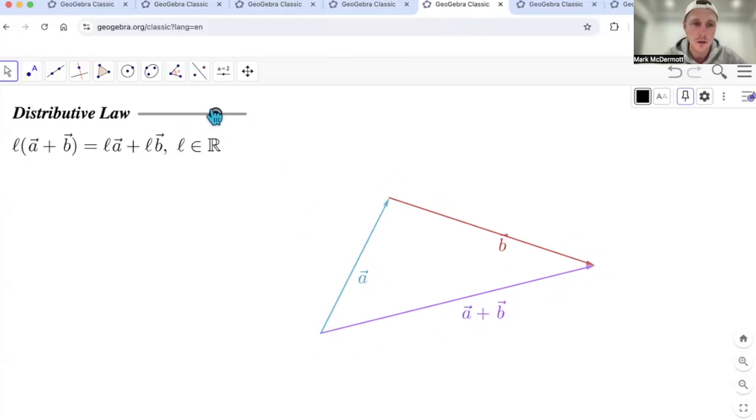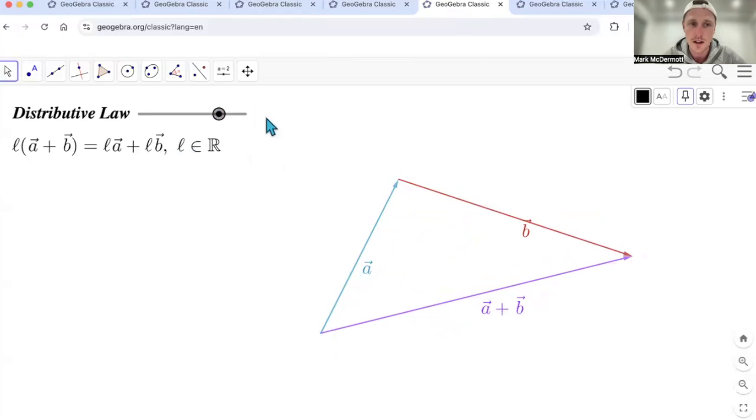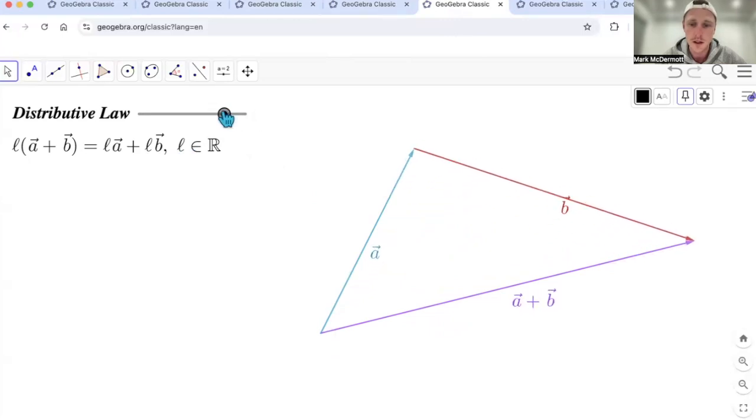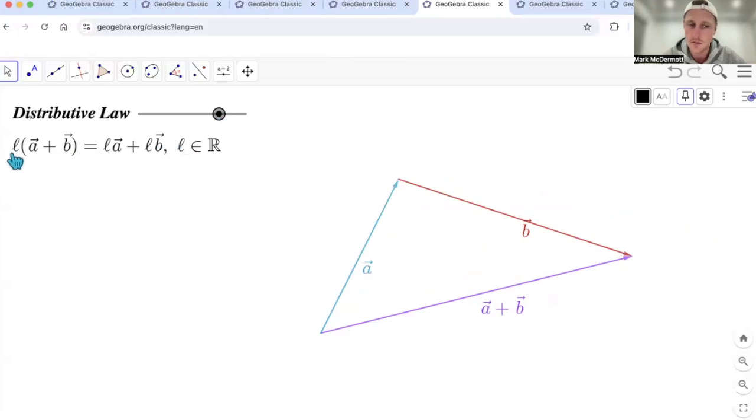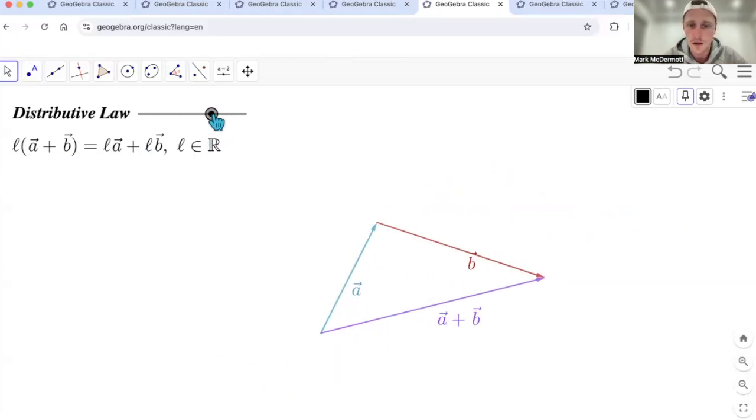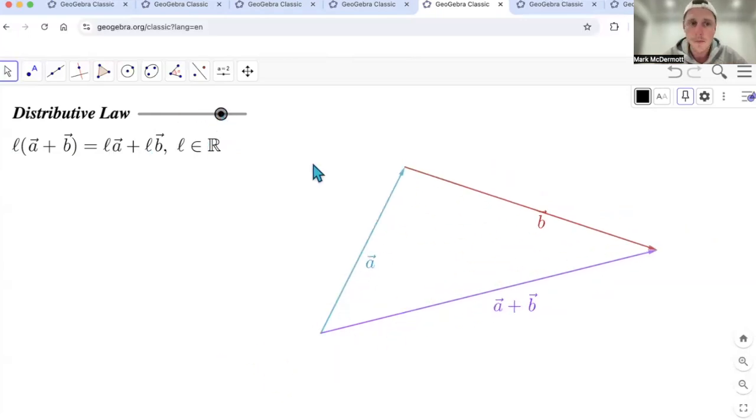This slider at the top here changes the value of L. So you can see if I scale a and scale b up, a plus b gets scaled up in the same way. So that sort of shows this left-hand side. And I think you would agree that this holds true. It's kind of hard to describe without sounding like I'm just repeating myself, but hopefully you can see that that is the case.